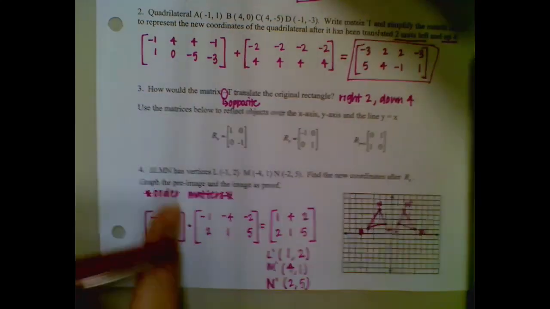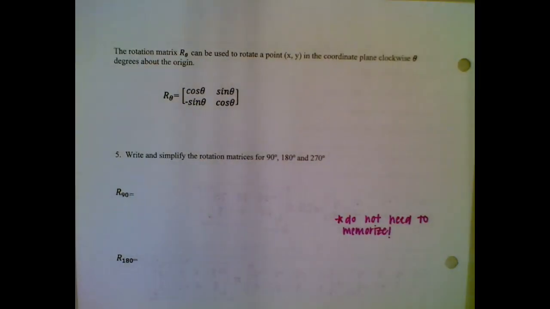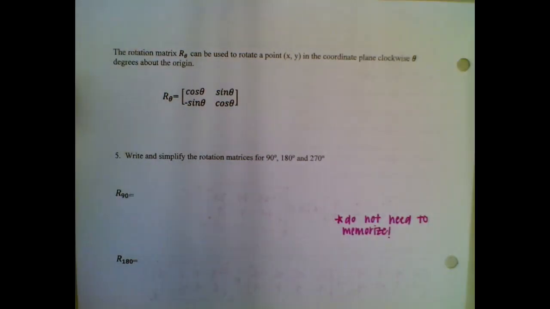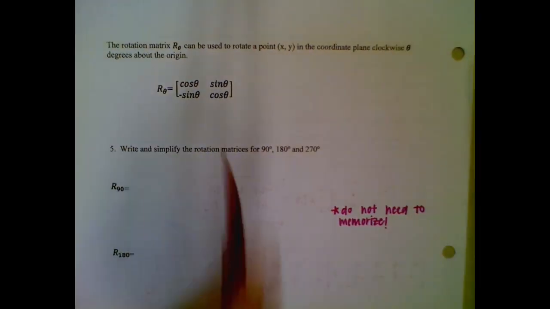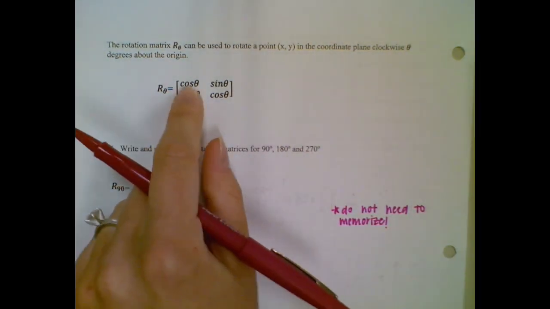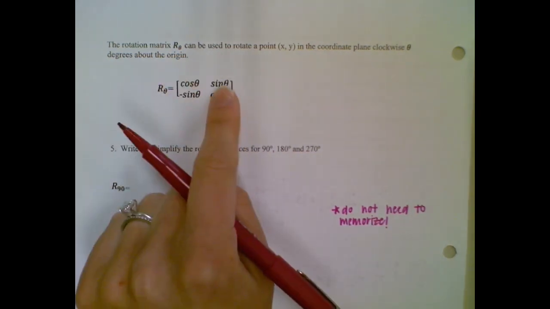All right, let's flip it over. All right, now let's talk about rotations. Okay, rotation matrix. We've got R and then subscript of theta. This can be used to rotate a point in the coordinate plane clockwise amount of degrees about the origin. Okay, so this is the matrix that you would use here.